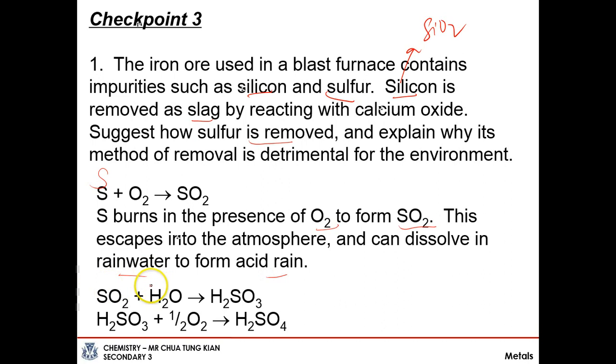So SO2 plus water gives you sulfurous acid first, and this is further oxidized by oxygen in air to give you sulfuric acid. So this is what gives us acid rain.